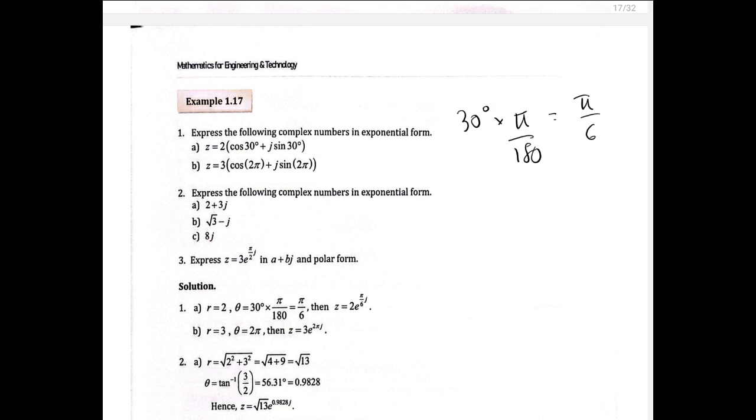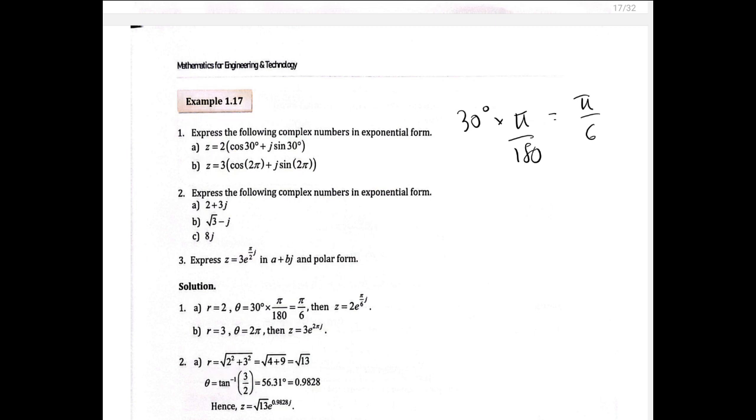Next, part B. Here, theta is equal to 2 pi and r is equal to 3.